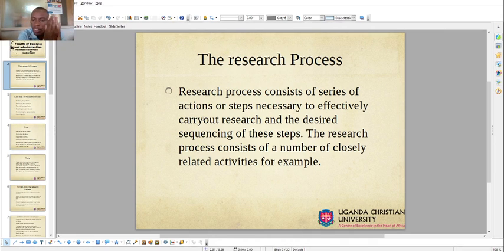We're going to look at those series of actions or steps which are vital if you're to do an effective inquiry. If you're to do a successful primary research, there are some steps or actions you have to follow, and those are the ones we are going to go through.